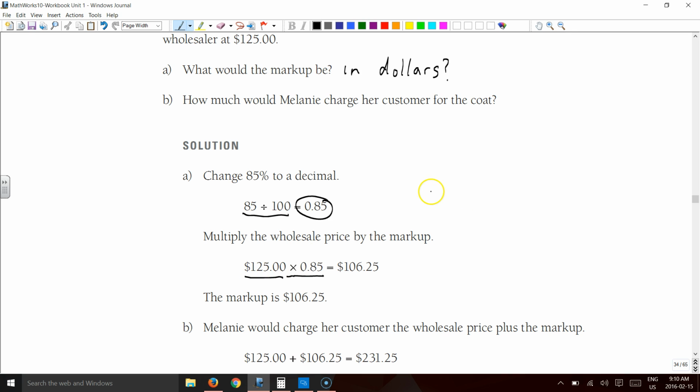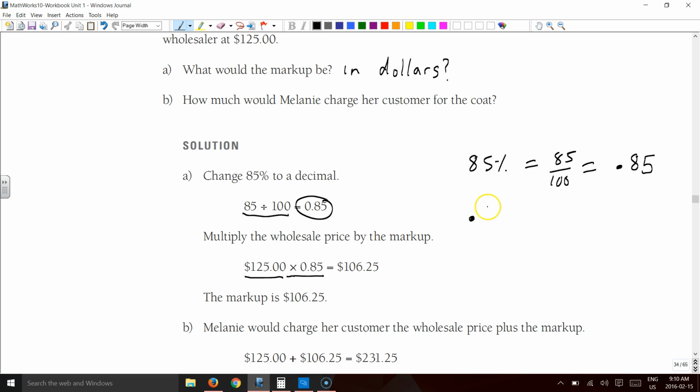So they are taking, and I'll write this out because sometimes it works better for you guys. We're taking the 85%, converting it to a decimal, there it is. And then I'm going to write it a little differently than they did.